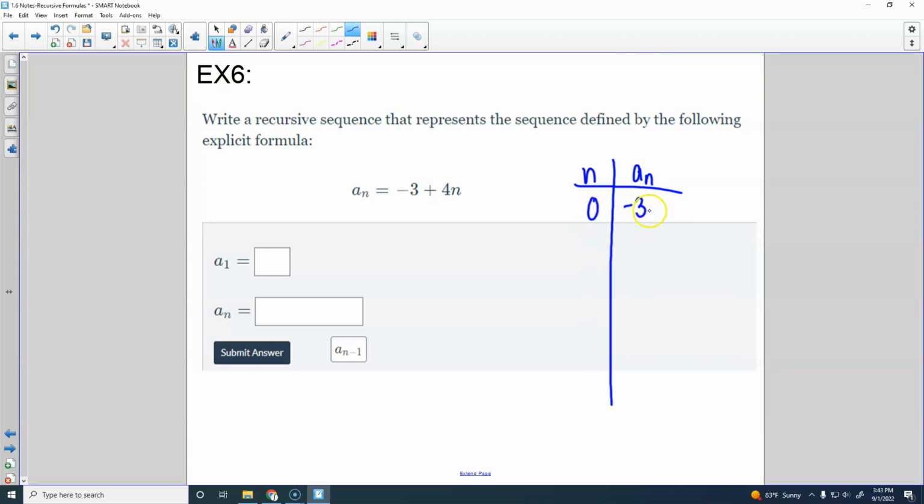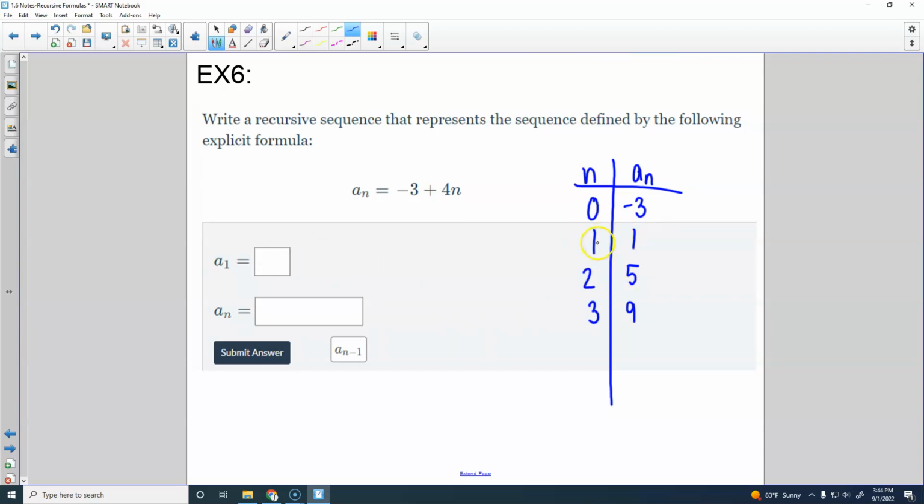So you can see whatever value you have here is 0. That ends up being your y-intercept. But if I plug in 1, I'm going to get 1. If I plug in 2, I'm going to get 5. If I plug in 3, I'm going to get 9 here. So that's giving me the pattern that I see here.